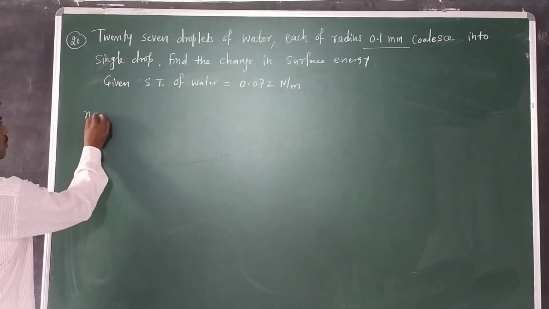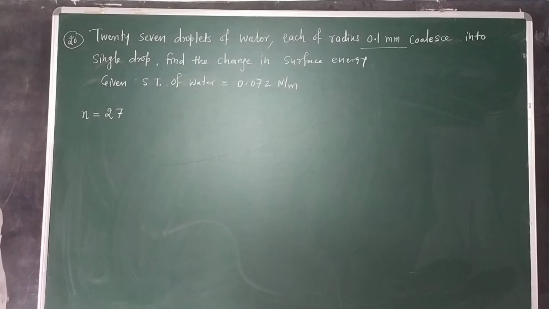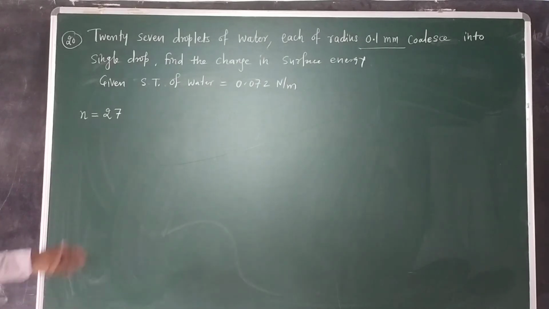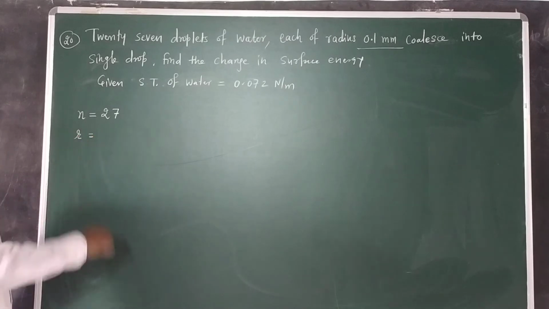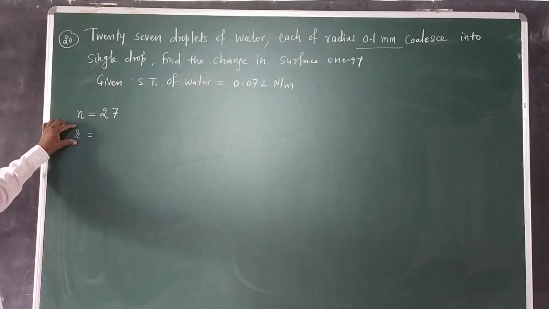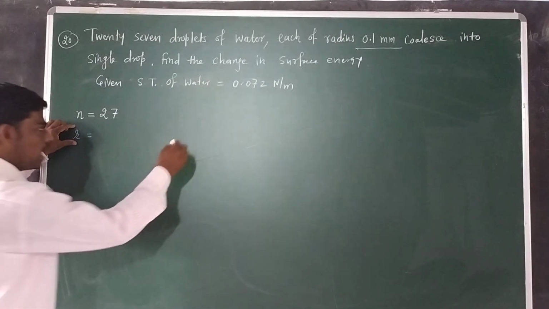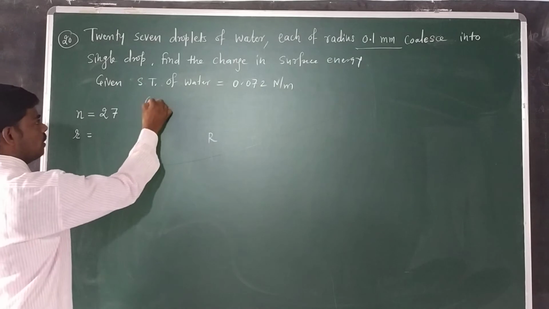Means number of droplets are given to you. It is 27 droplets, and the radius of droplet, say the radius of droplet is small r, I will denote the letter small r for the radius of droplet, and capital R for the radius of drop. These are two situations here.